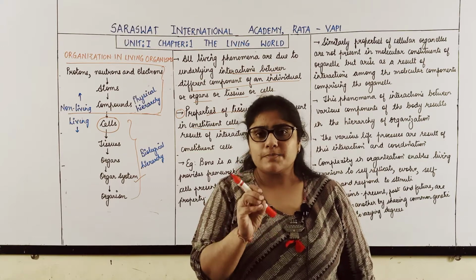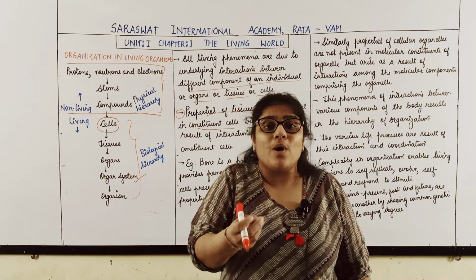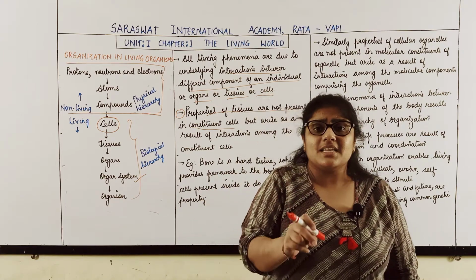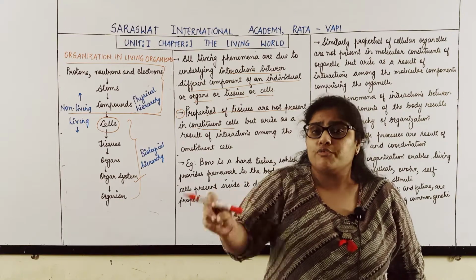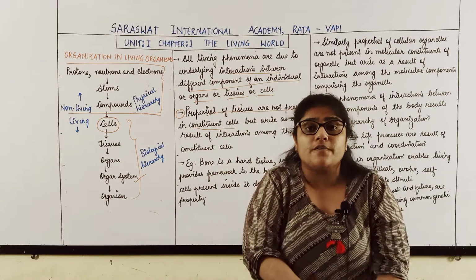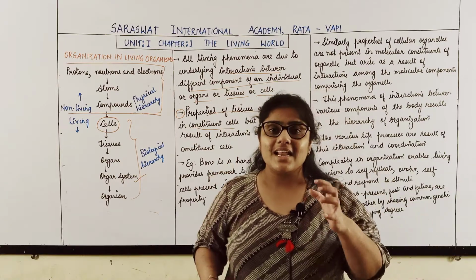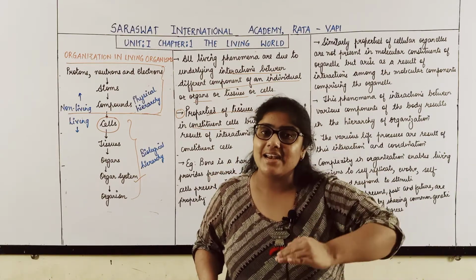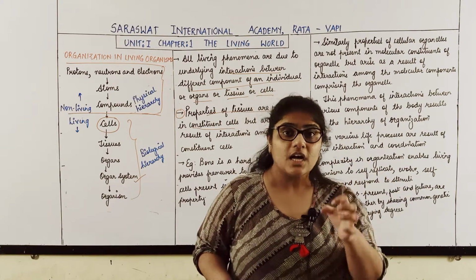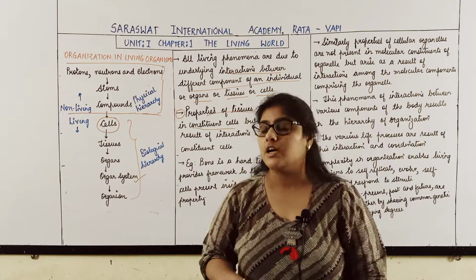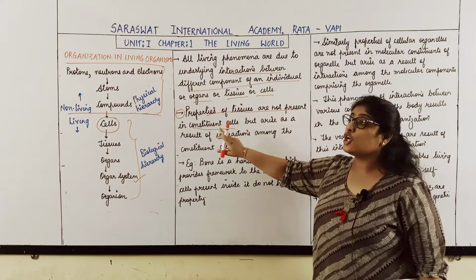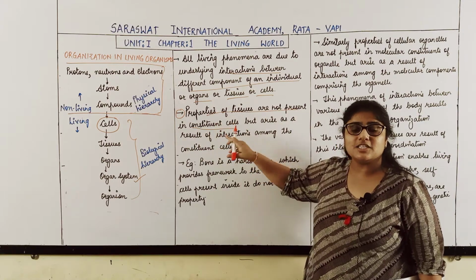No. This property is not present in each and every cell of bone. So what happens? All the cells of the bone interact with each other, and this interaction is responsible for the functioning of the bone.